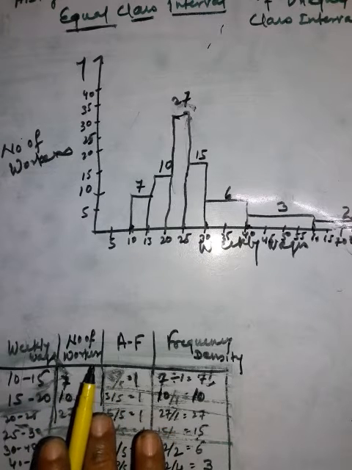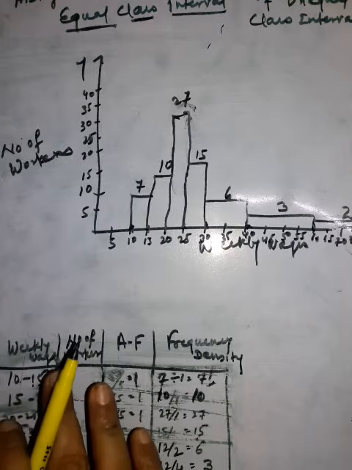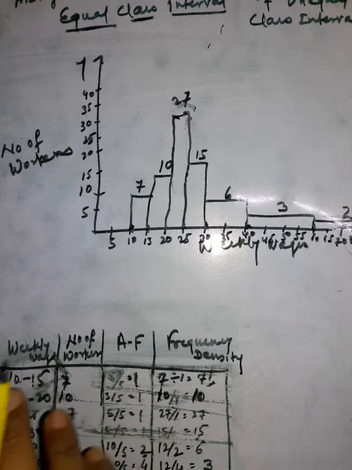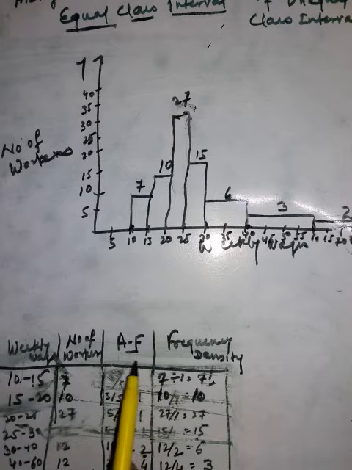The adjustment factor is the ratio between the class interval of the concerned class and the lowest class interval, meaning the lowest among all these data.